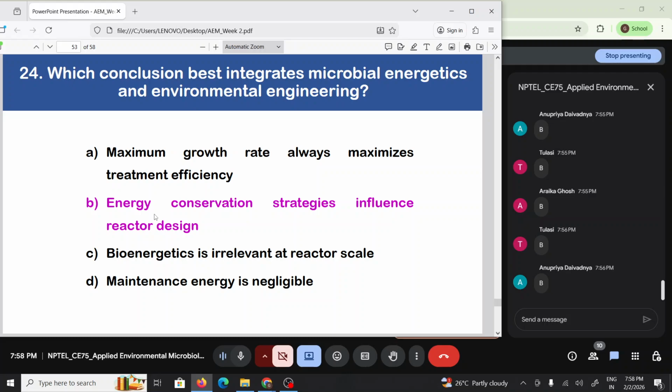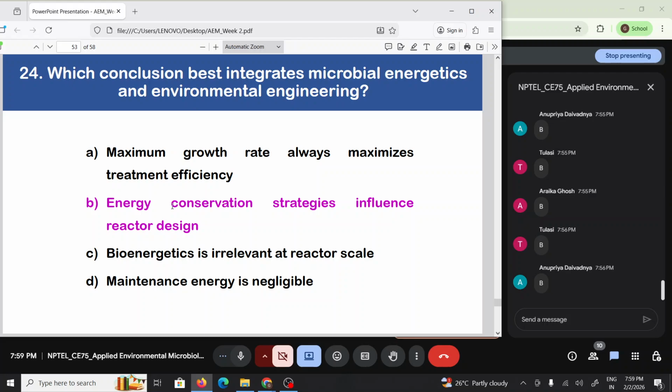But energy conservation strategies influence reactor design. That is true. If you can change the temperature, pH, or nutrient condition, or supply any other factor that can affect your microbial growth, all these are energy conservation techniques, and this surely influences the reactor design. If you conserve energy, then that energy can be used for your treatment process, and the size of your reactor can be reduced when you model any reactor.